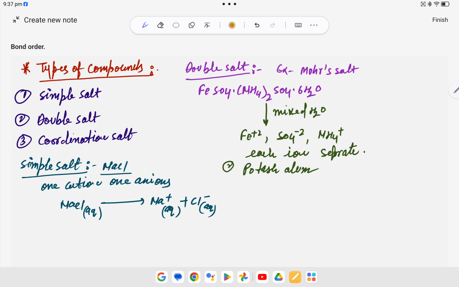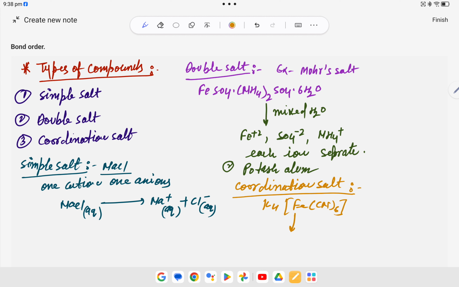Next is coordination salt. What is the specialty of coordination salt, children? Like K4[Fe(CN)6].